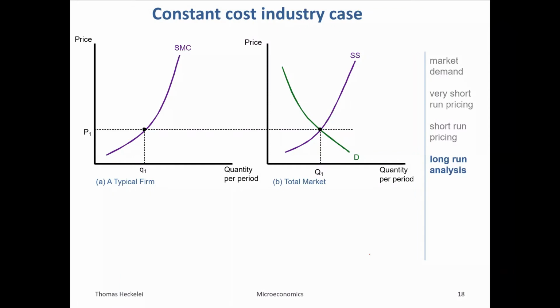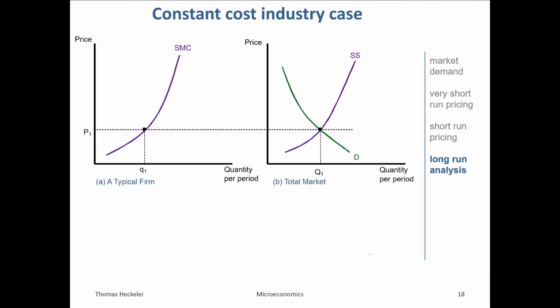Let's start with the first case where we have constant cost. That means that the input price will remain the same with increasing or decreasing number of firms in the industry. That doesn't have any impact on the input market of the industry.